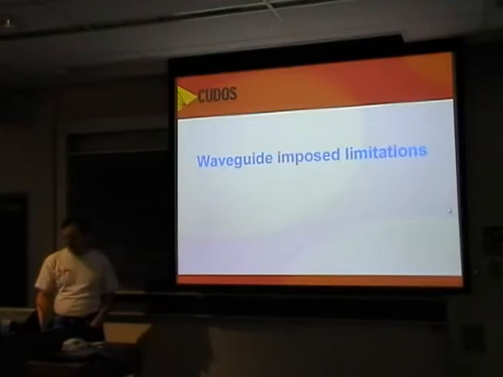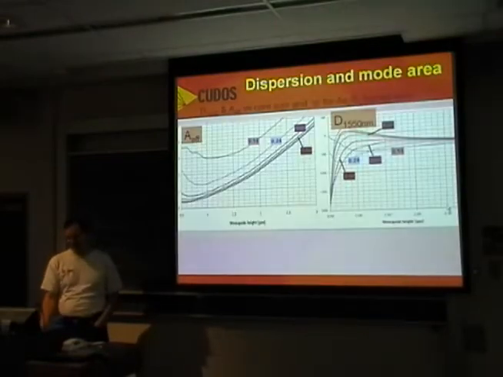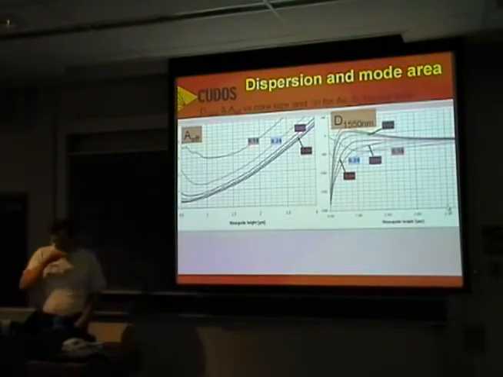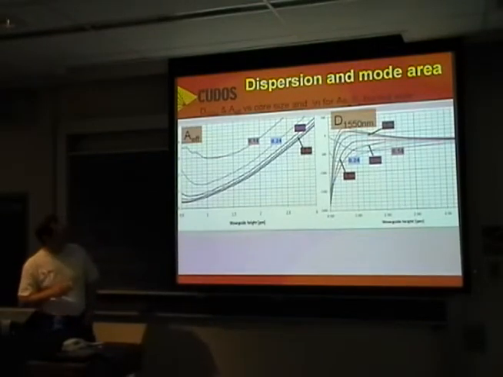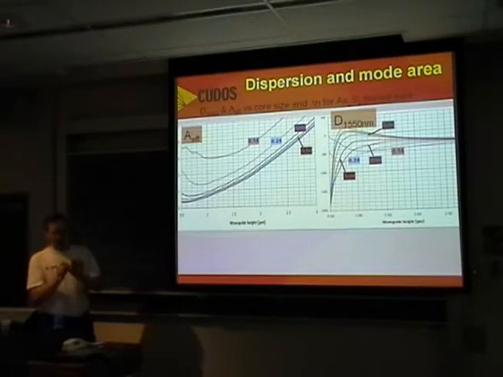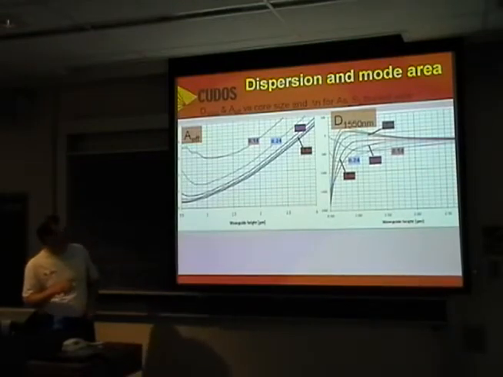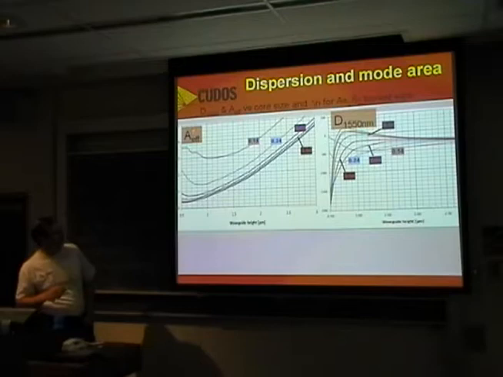So having a waveguide has its ups and it has its downs as well. There are some limitations that one has to overcome. So plotted here for an arsenic trisulfide square wire embedded in different materials, so these are the different materials that give different index contrasts, against the size of the device. We've got the effective area of the mode plotted and the dispersion at 1550 nanometres.